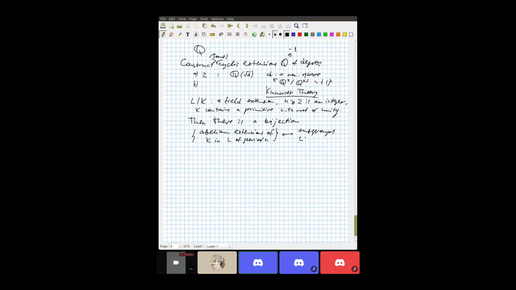We consider those elements that are nth powers in L but belong to K, modulo nth powers in K.